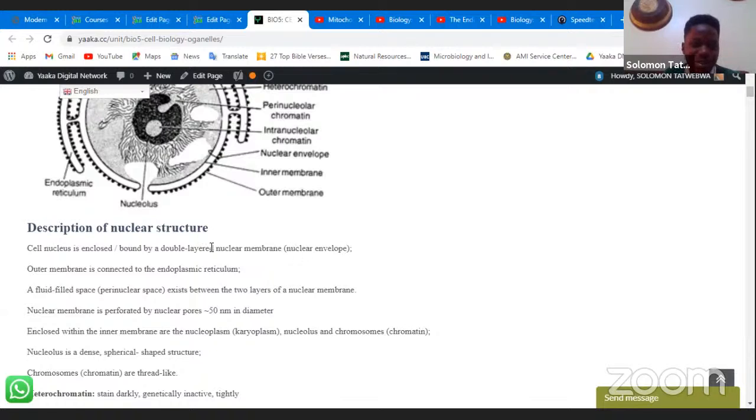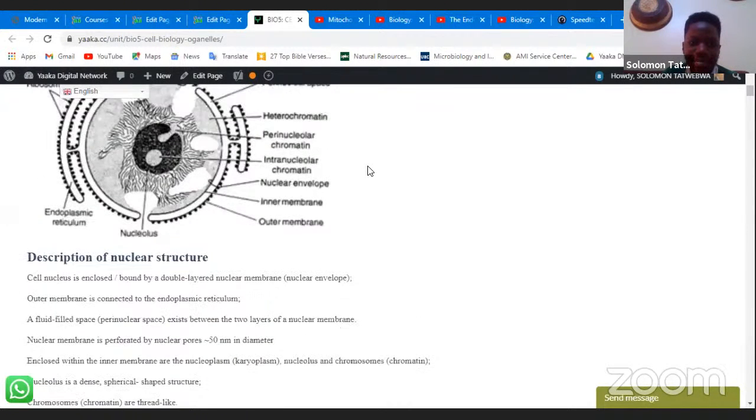If you're describing the nuclear envelope, make sure that you're saying it is double-layered or double-membraned. If you're talking about the endoplasmic reticulum, be specific and say it is rough endoplasmic reticulum and things like that. So you just have to be specific with your keywords, and that's all that matters in biology, especially paper 2 where you're asked to describe things.